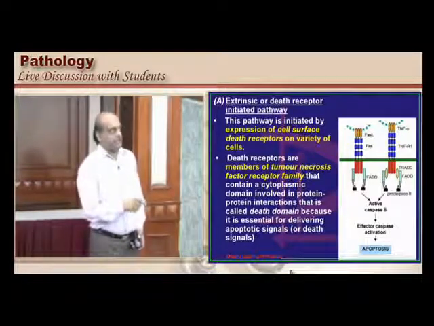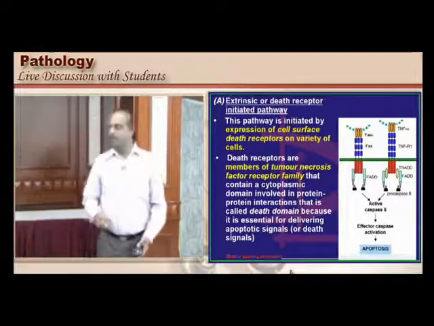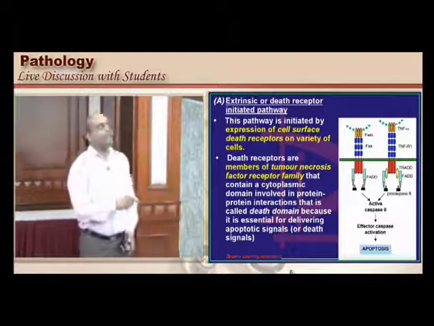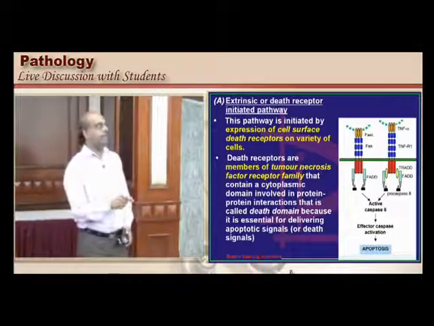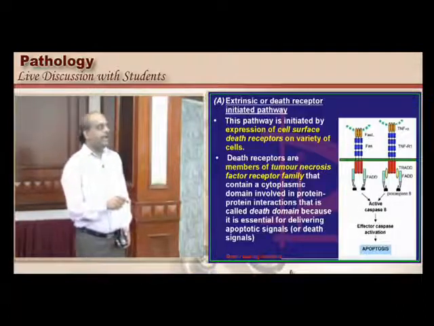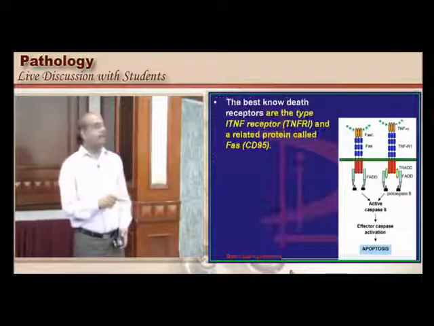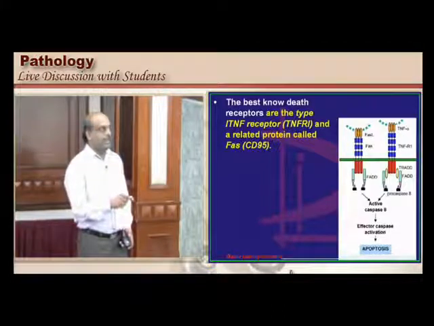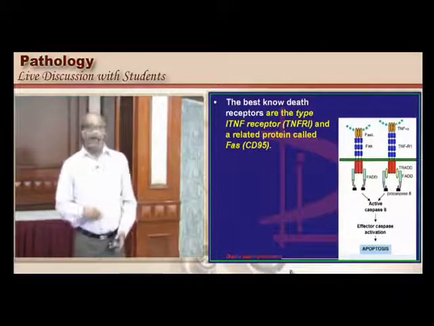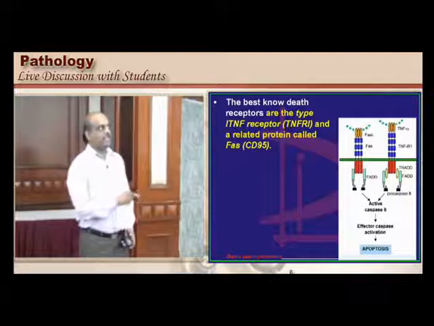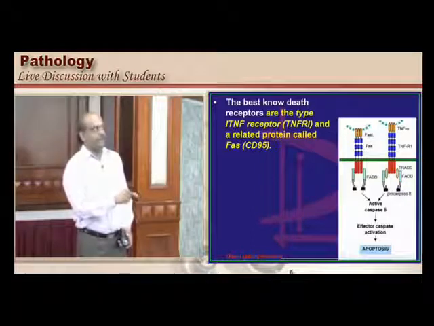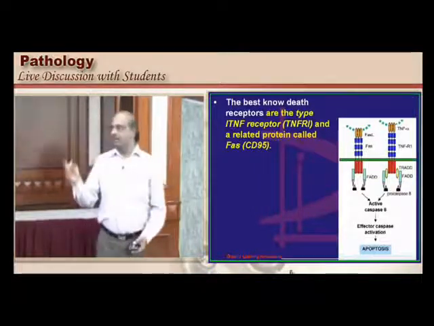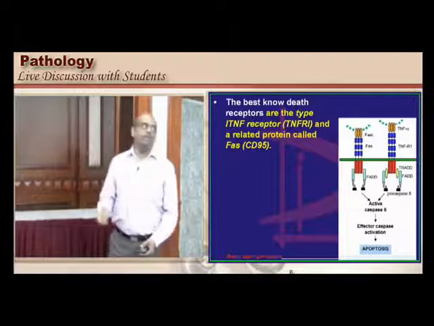The death receptors are basically members of the tumor necrosis factor receptor family, called TNFR1, is what needs to be remembered. And the very well known death receptors are TNFR1 and FAS, which is also called CD95. FAS is the other name given for CD95. These two are the death receptors that we know very well.